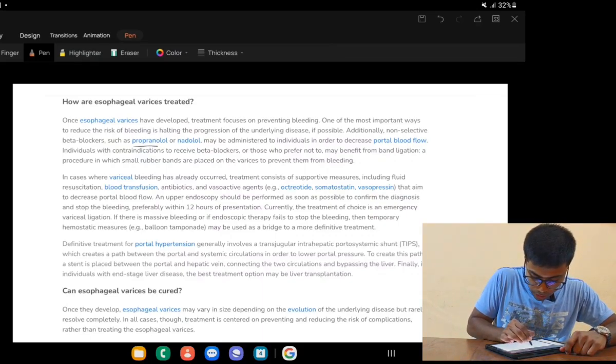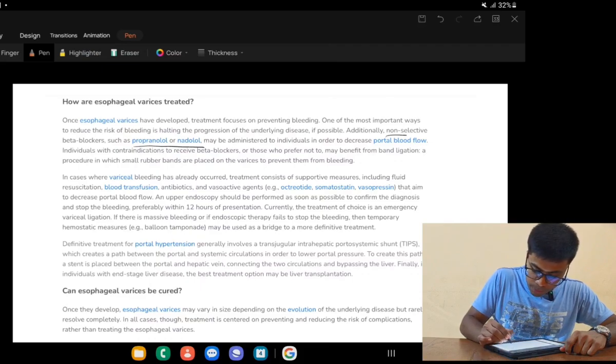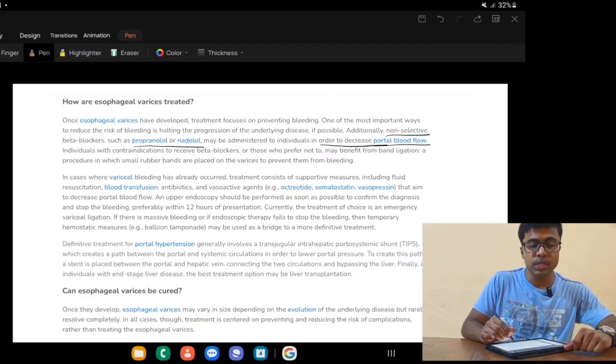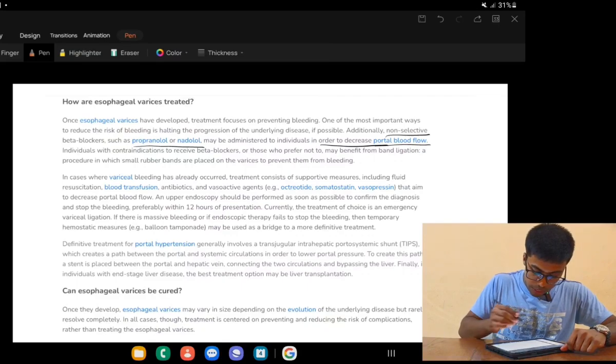Propranolol and nadolol, these are non-selective beta blockers, can be administered to decrease the portal blood flow, and then we can do blood transfusion also.